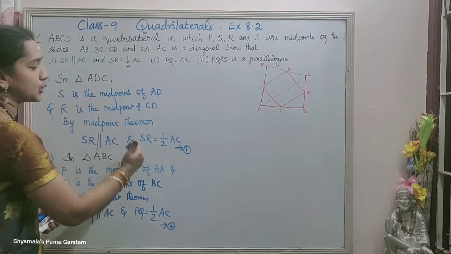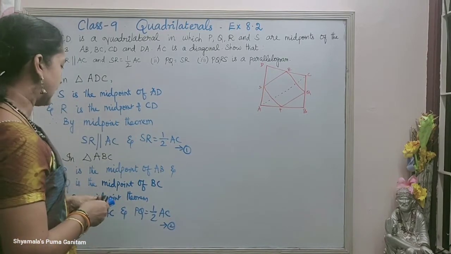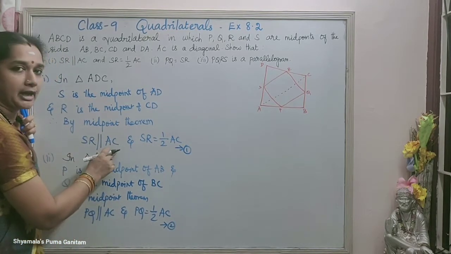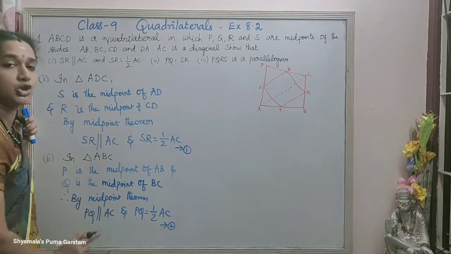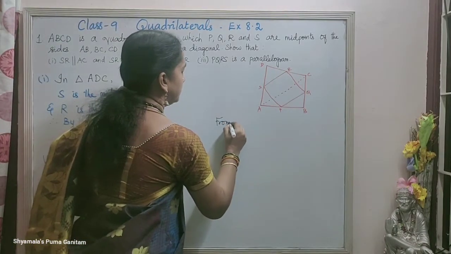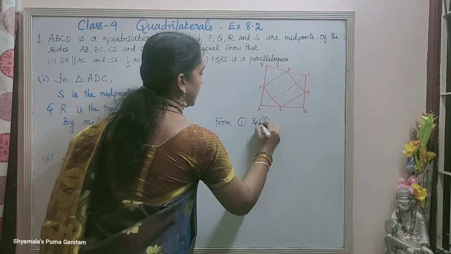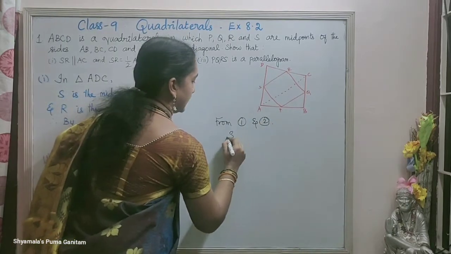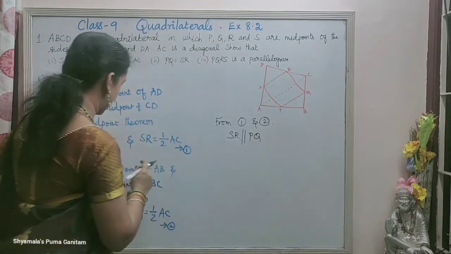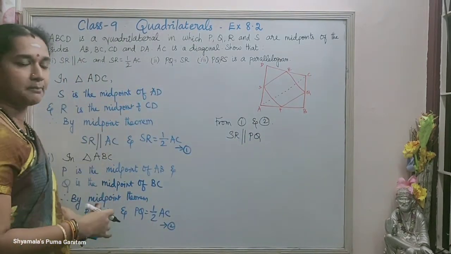From these two statements, we can say that both are related to AC. SR is parallel to AC and PQ is also parallel to AC. So from 1 and 2, we can say that SR is parallel to PQ. This is regarding parallel.